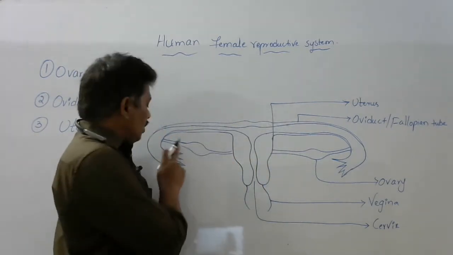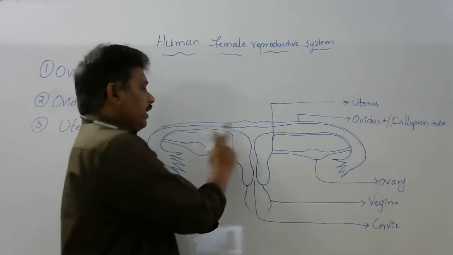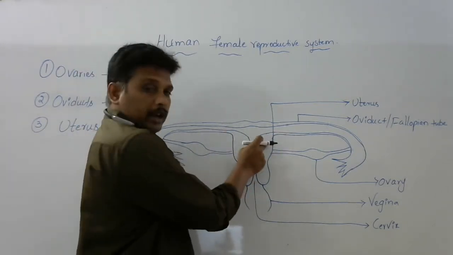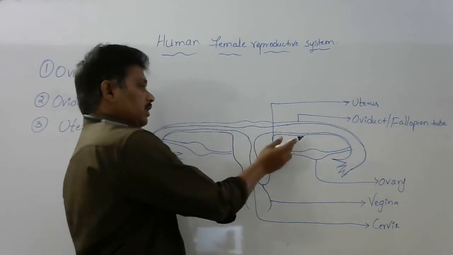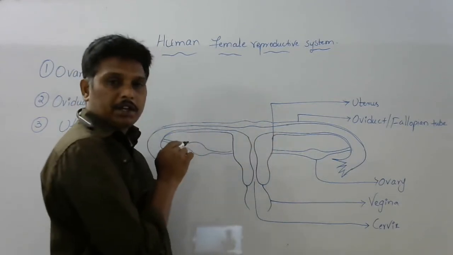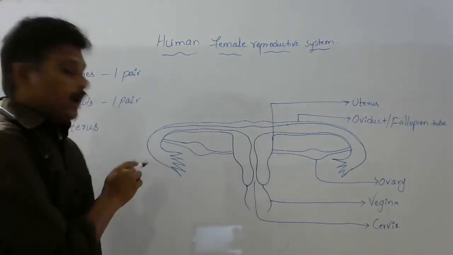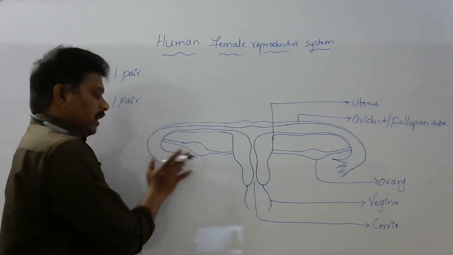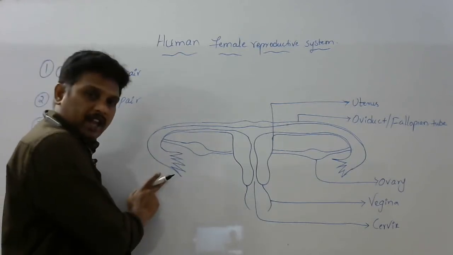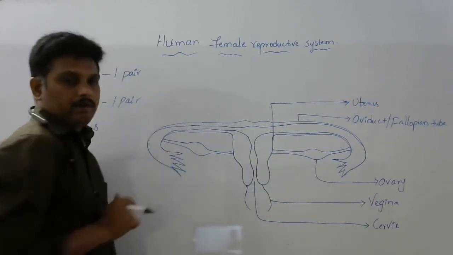If you observe these oviducts, one end is connected to the uterus, and the other end is a free end with a ciliated funnel.